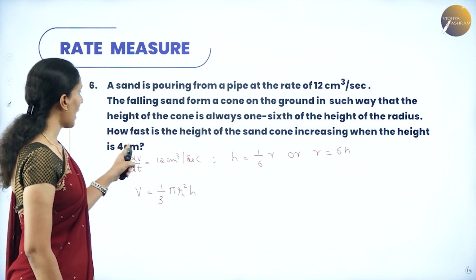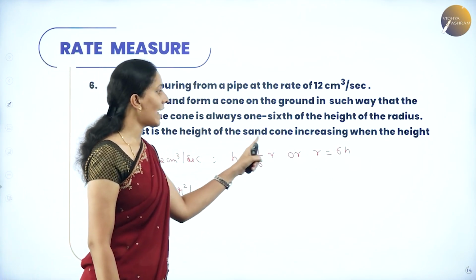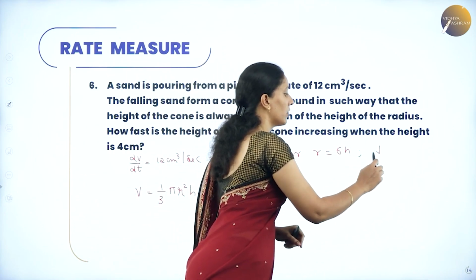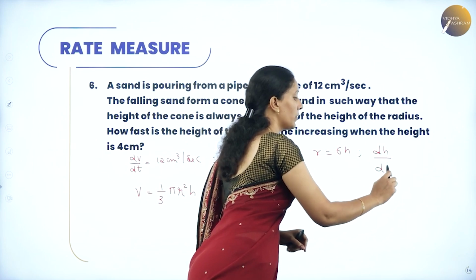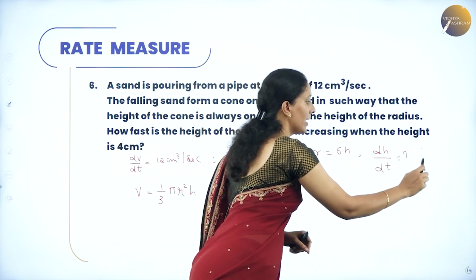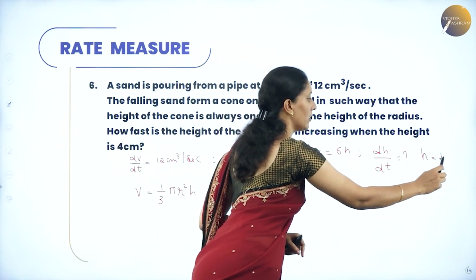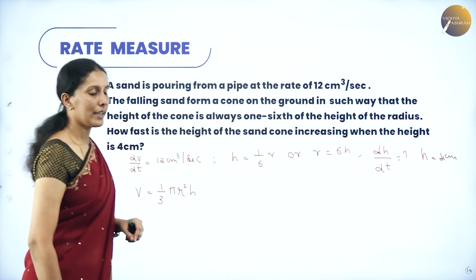Now what we have to calculate? How fast the height of the sand cone is increasing. That is change in height with respect to time we have to calculate whenever h is equal to 4 centimeter.